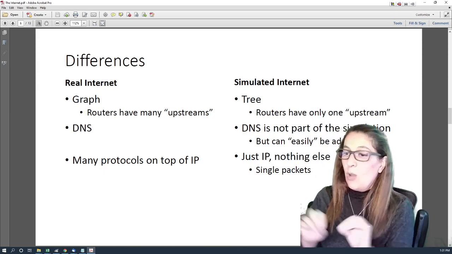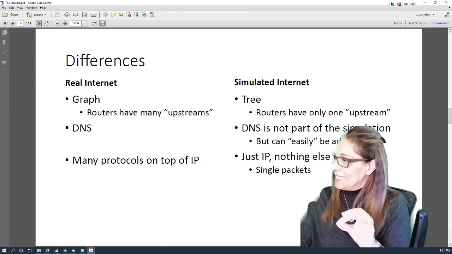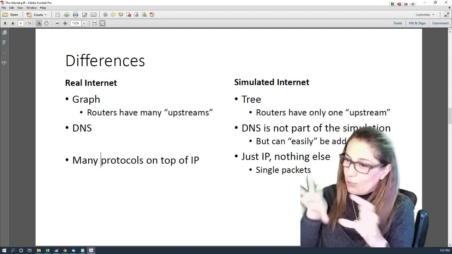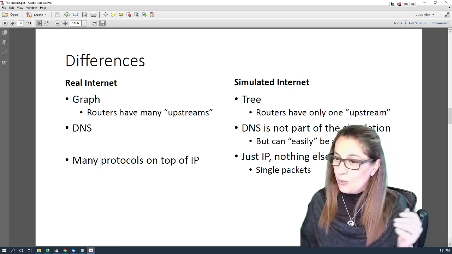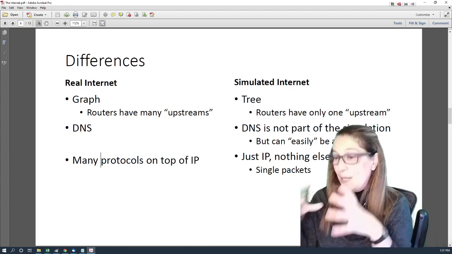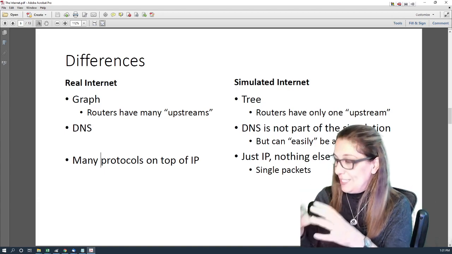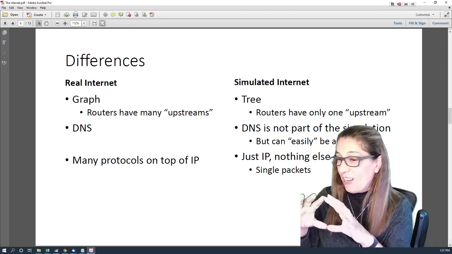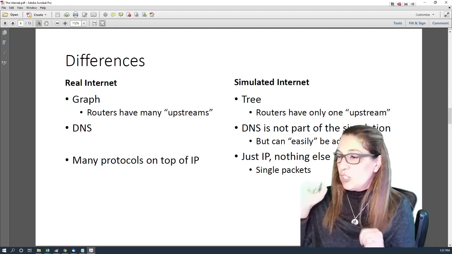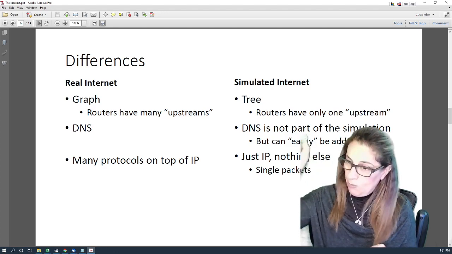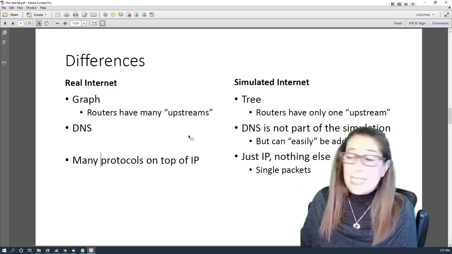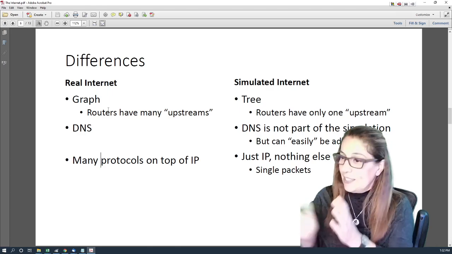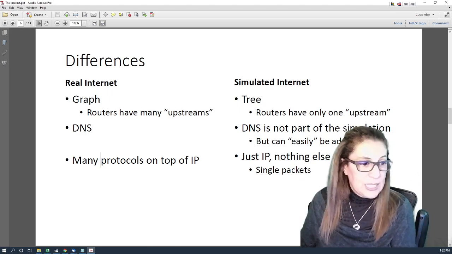Whereas if there were other routers that could connect to that street, there would be redundancy, additional routes that could take packets to that street. But in our model of the internet, it's a strict hierarchical structure, a tree in which every router has only one parent. There are no alternatives. That's not the case in the internet, where routers can have many alternatives.